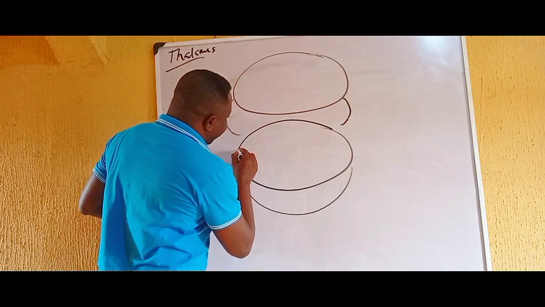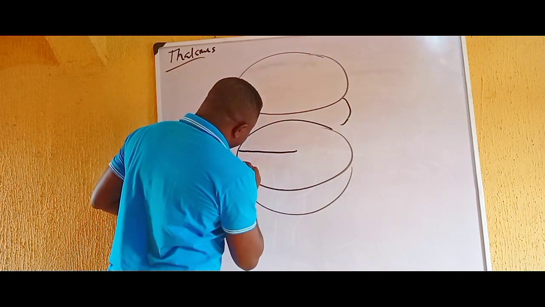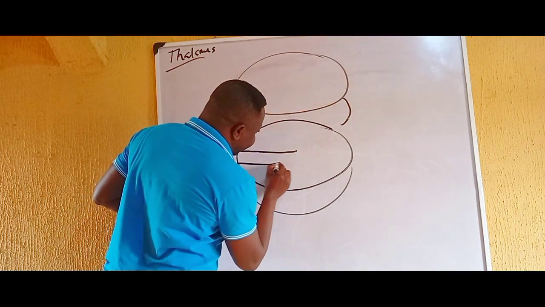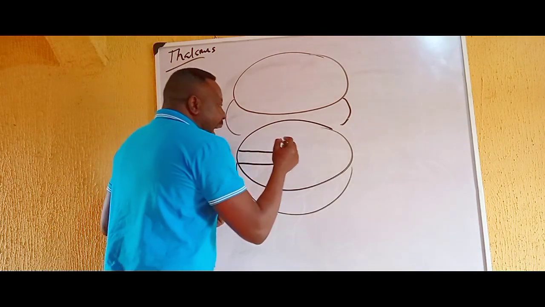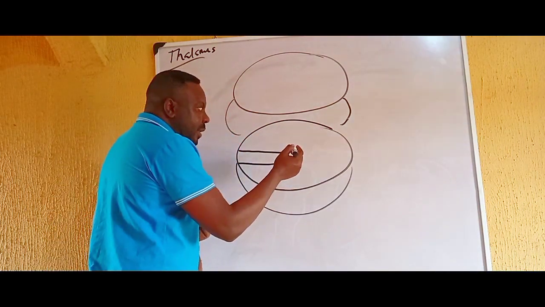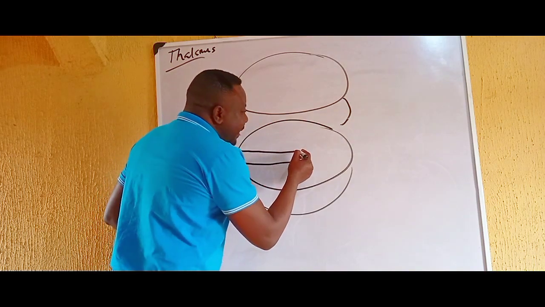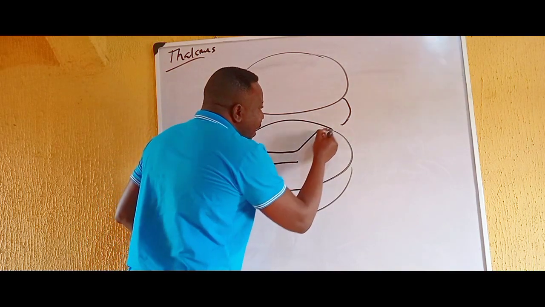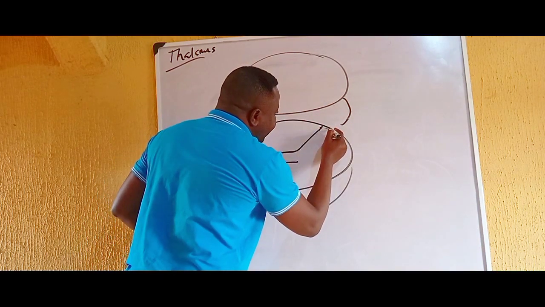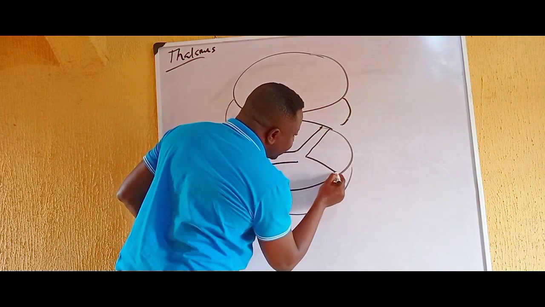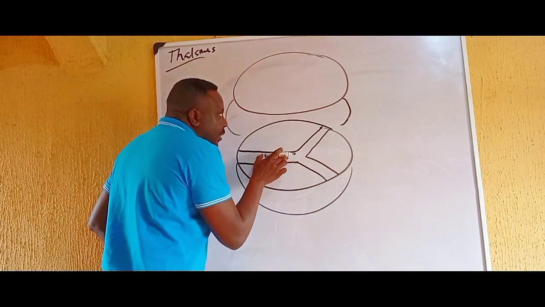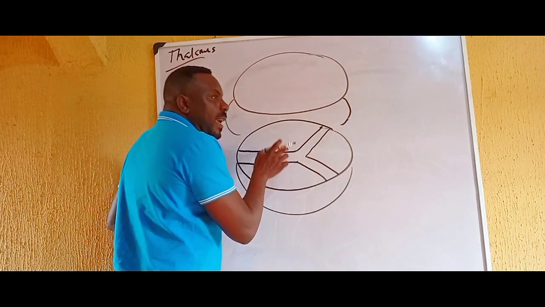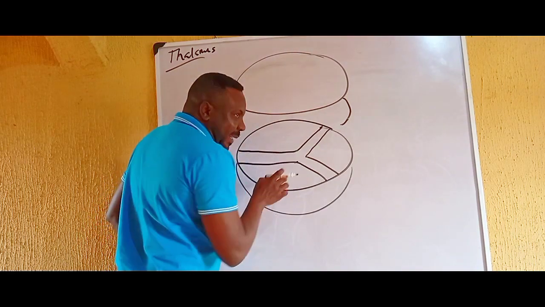Let me draw that white matter structure. The white matter structure is like this. And then anterior-superiorly, the white matter structure splits into two, forming a Y-shaped structure.